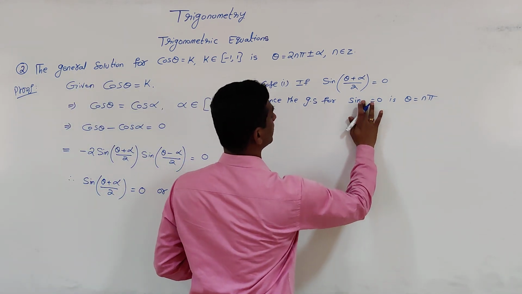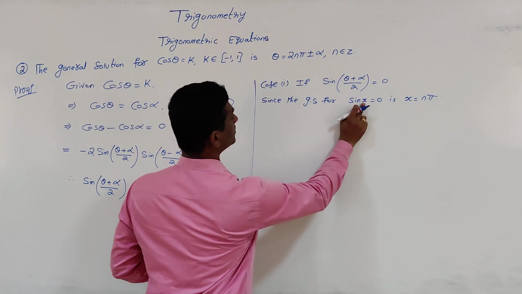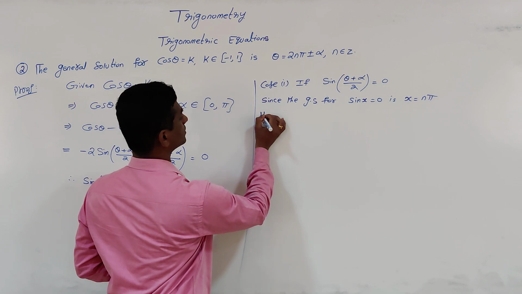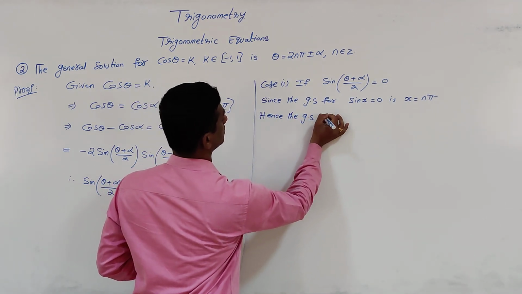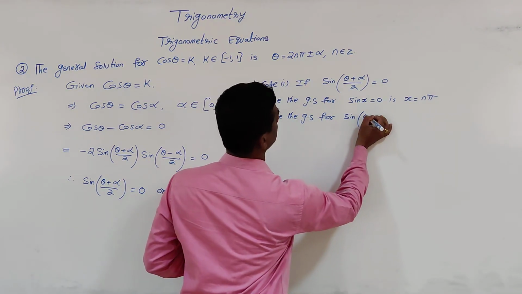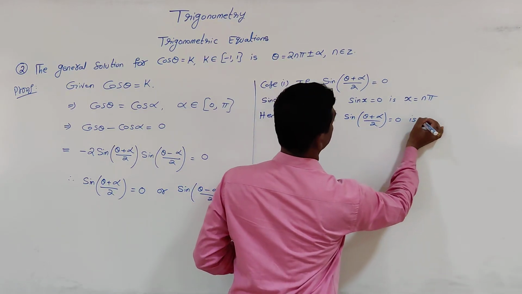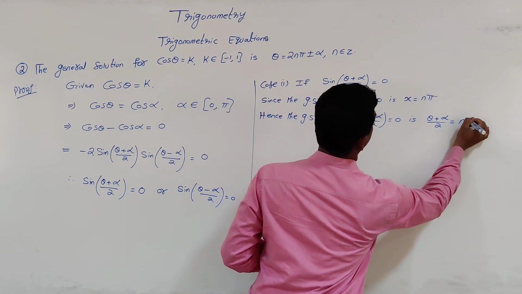Otherwise, if I go for x, then it will be x; now in the place of x it is (theta plus alpha) by 2. Hence the general solution for sin of (theta plus alpha) by 2 is equal to 0 is (theta plus alpha) by 2 equals n pi.